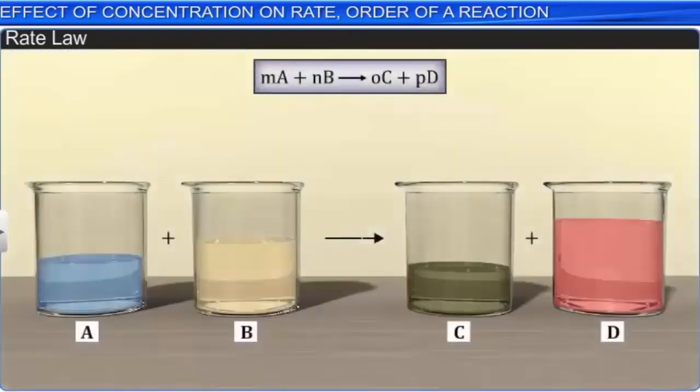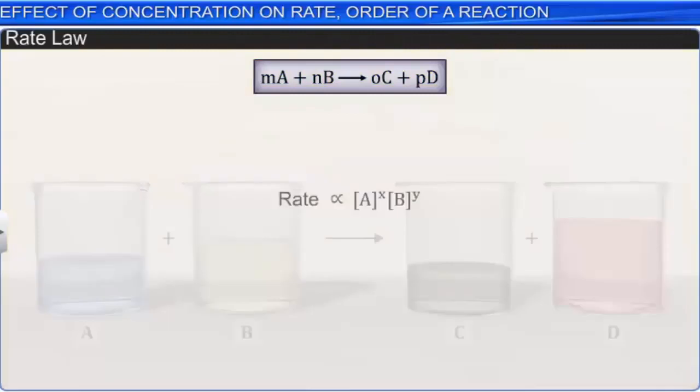Consider the reaction given here. Let's say m moles of A react with n moles of B to give O moles of C and P moles of D. We can write the rate law for this reaction as: rate of reaction is directly proportional to the concentration of A raised to the power x multiplied by the concentration of B raised to the power y. By replacing the proportionality with a proportionality constant K, the equation can be written as shown.